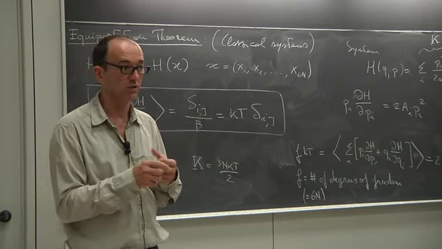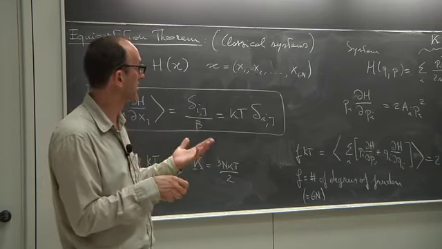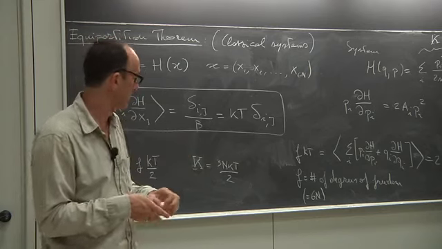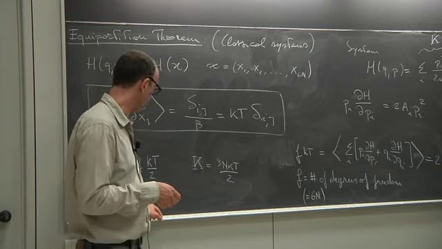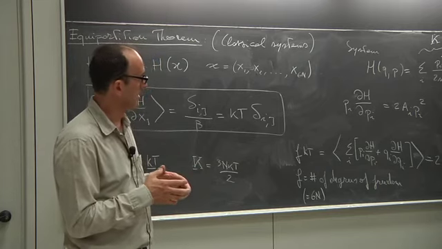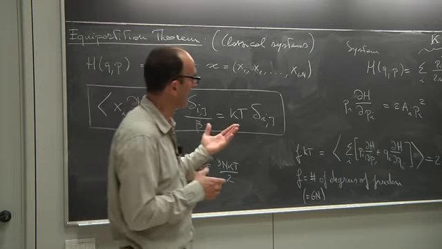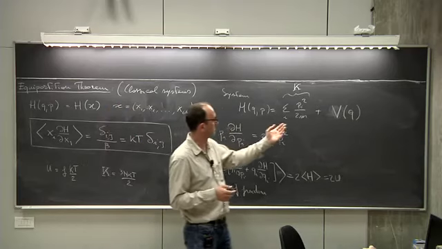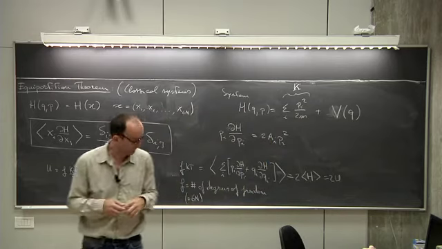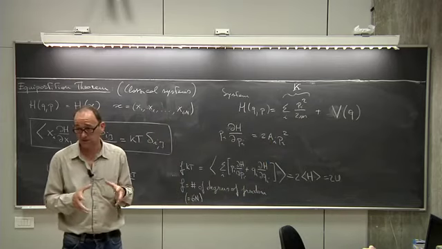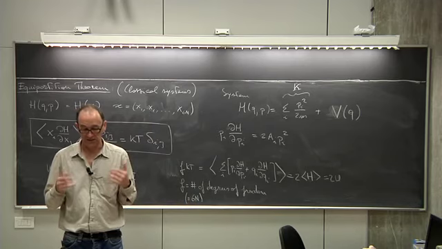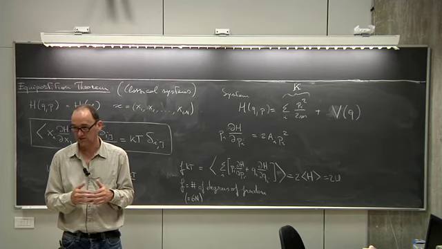What happens in quantum mechanics is that when you quantize a classical system, the energy levels become discrete.